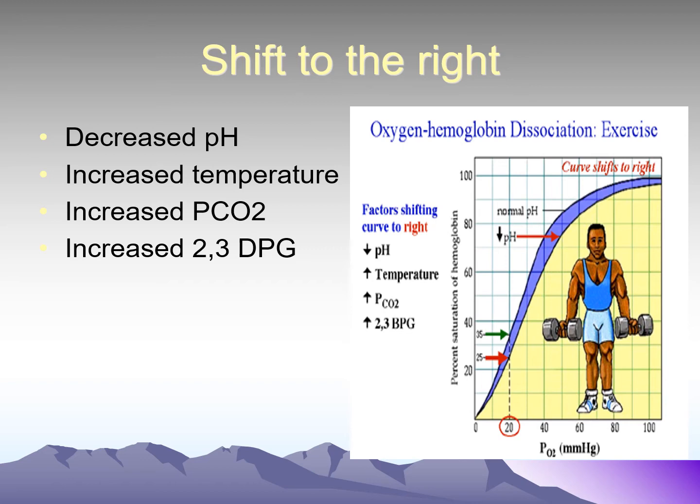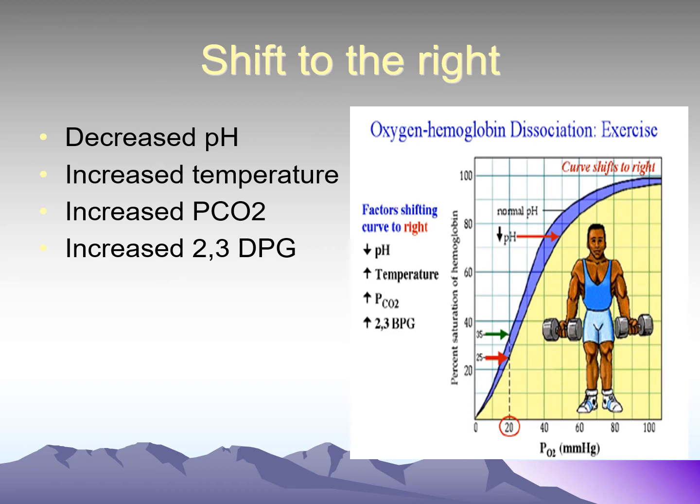So the P50 is shifting to the right. This means it takes more pressure, or more PO2, to get the hemoglobin 50% bound to oxygen. So the oxygen delivery may be lower than indicated by the PaO2 when it's shifting to the right.